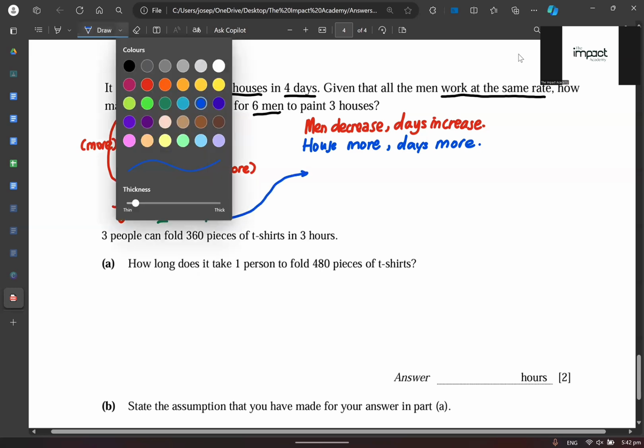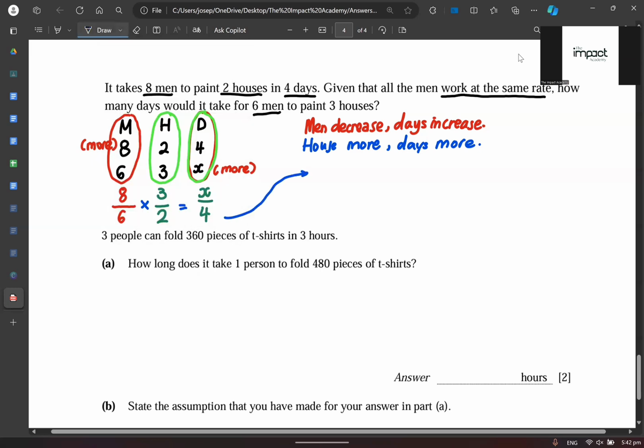We are going to do 8 over 6 times 3 over 2. What is 8 over 6 times 3 over 2? You cancel this, you get 1 over here, you get 4 over here, correct? Cancel this, you get 2 over here, you get 1 over here, correct? 4 and 2, you cancel each other, you get 2, correct?